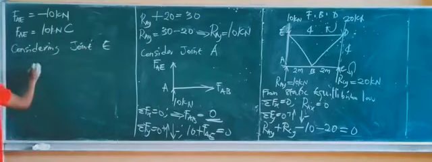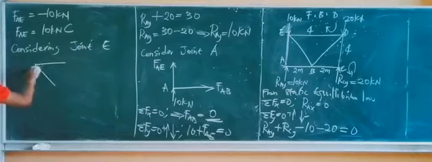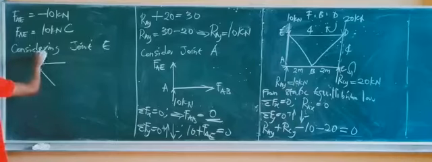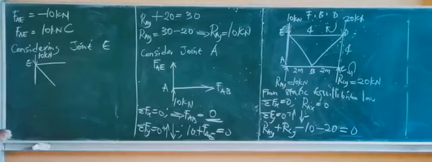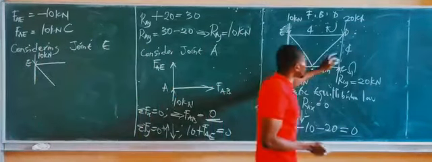So at joint E we simply have this, and this. Then we have a 10 kilonewtons force acting downwards there, 10 kilonewtons at joint E. Then the force from joint E down to joint D.